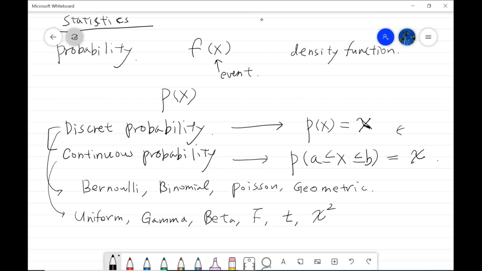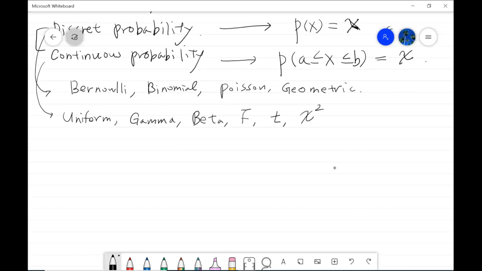But probably the most popular continuous probability, probably not only among the continuous ones, if you have to choose one probability that is most popular, that is the so-called normal distribution.